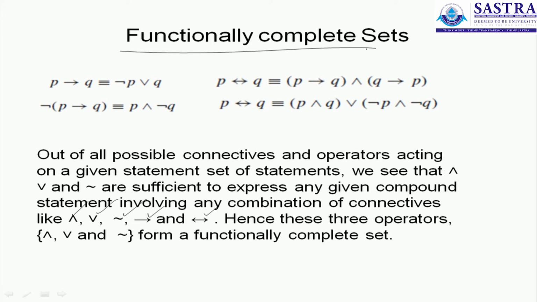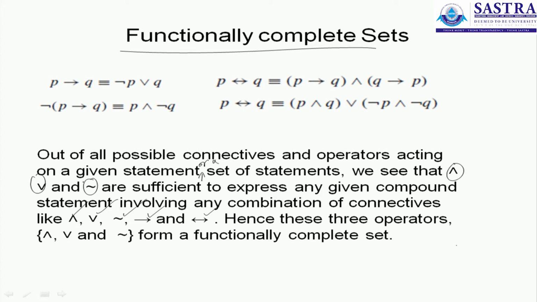And that's what the definition on your screen tells you. Out of the possible connectives and operators acting on a given statement or a set of statements, we see that only these 3 are sufficient. Which 3? The conjunction, the disjunction and the negation.